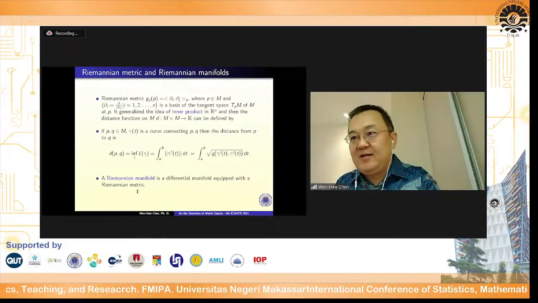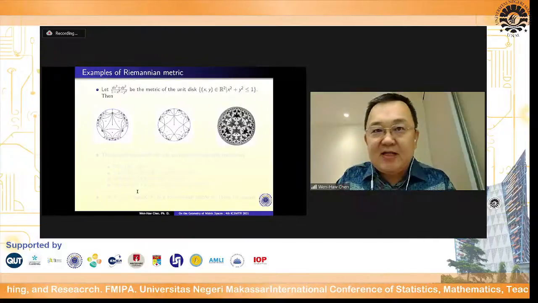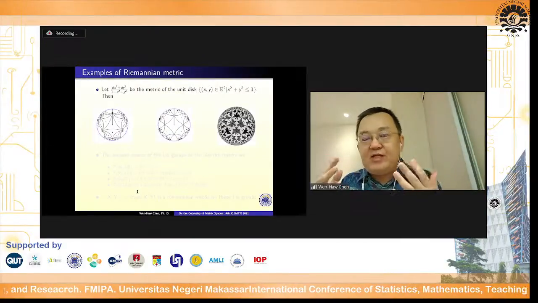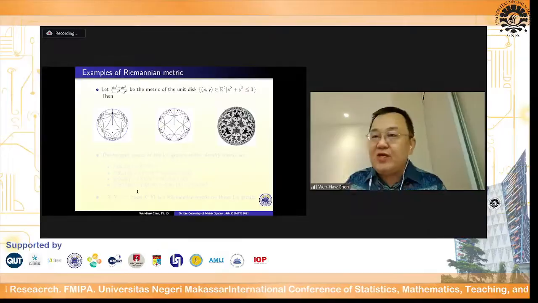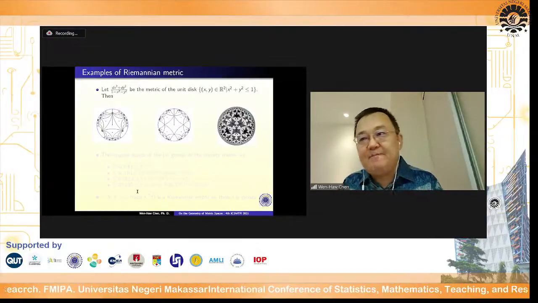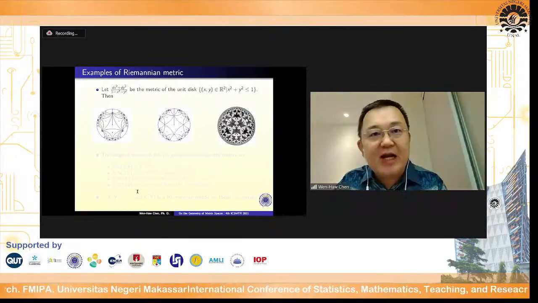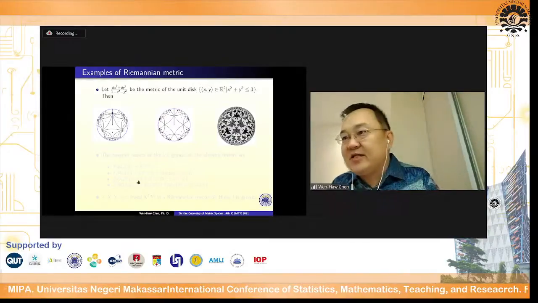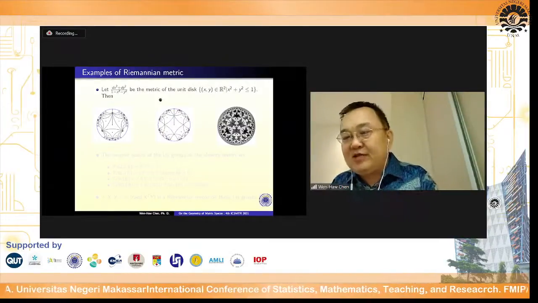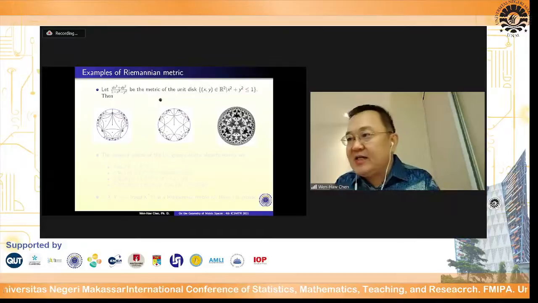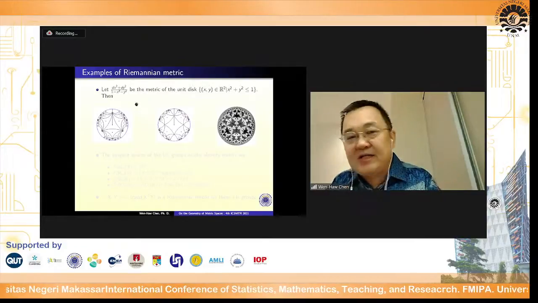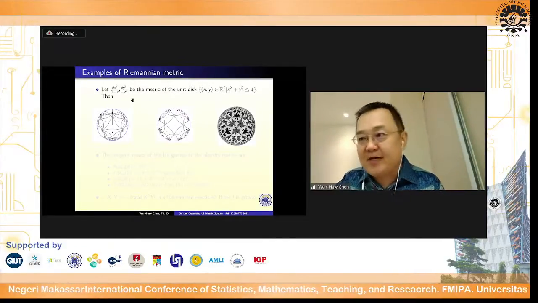Okay, so we can have some examples. If we define a different metric, we can have different straight lines on the space. This is a very famous metric, and we can say this kind of metric space is the so-called hyperbolic space.